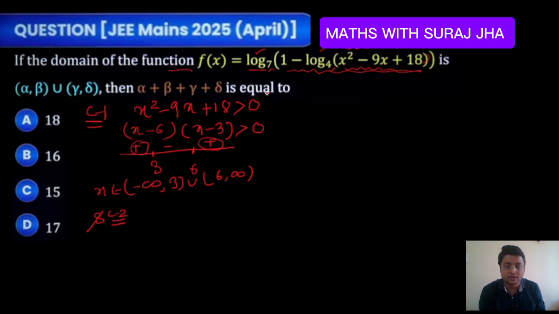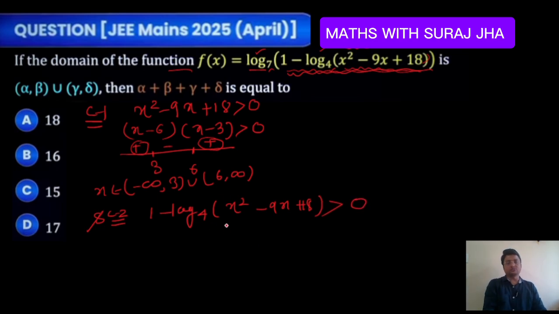Now you can apply the condition on the outer logarithm. This entire expression will be positive, so you write 1 minus log base 4 of x squared minus 9x plus 18 is always positive. This is nothing but an inequality, and now we have to solve it.